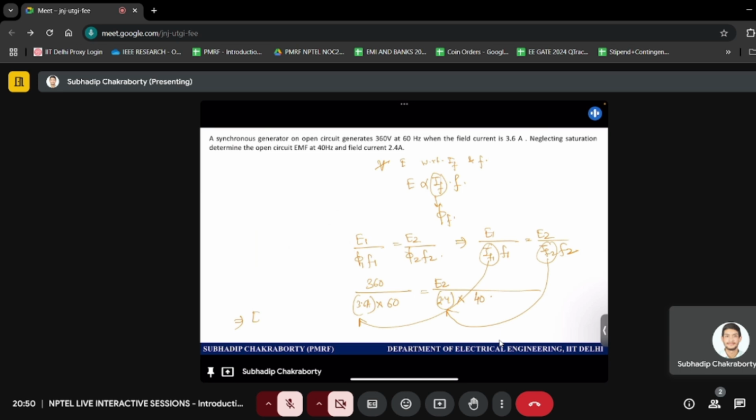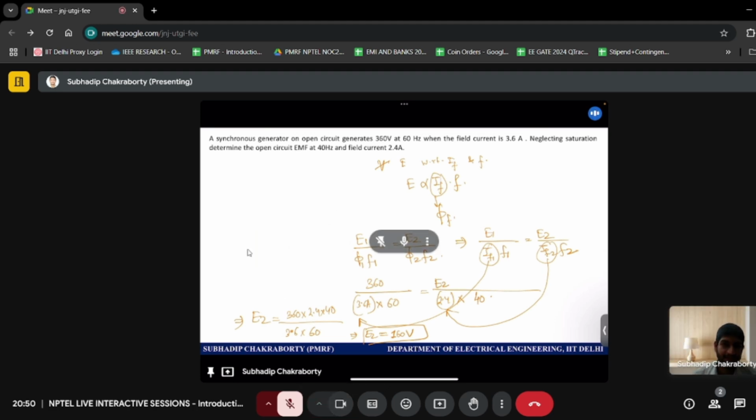Then E2 can be determined from here as 360 into 2.4 into 40 divided by 3.6 into 60. So E2 is coming as 160 volts.